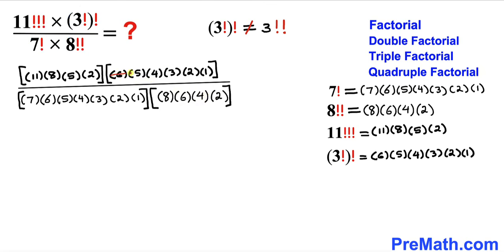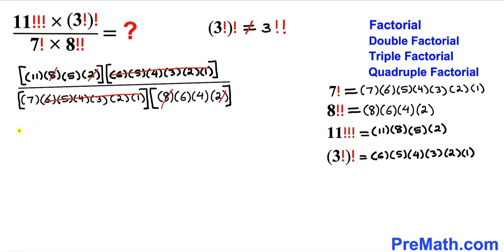We can see this string cancels out with this one, isn't it? And this 8 cancels out with this one. This 2 cancels out with this one. So therefore, in the numerator, we end up with 11 times 5. And in the denominator, we end up with 7 times 6 times 4.